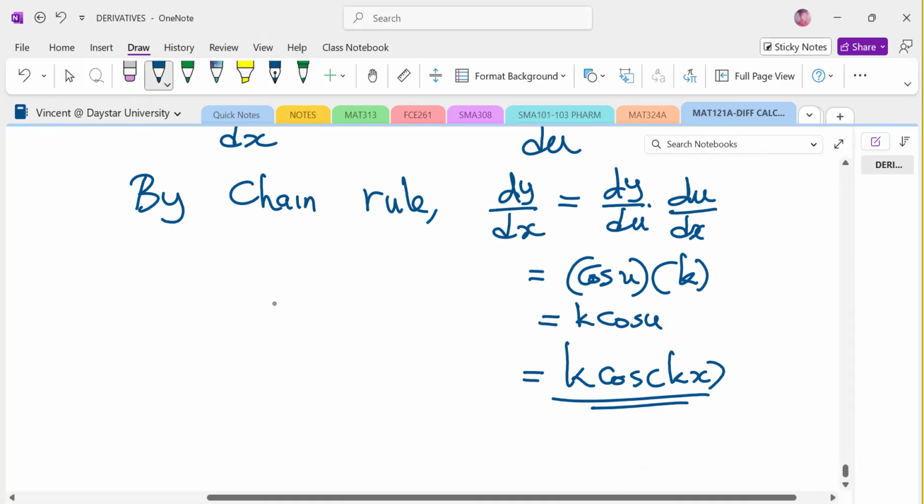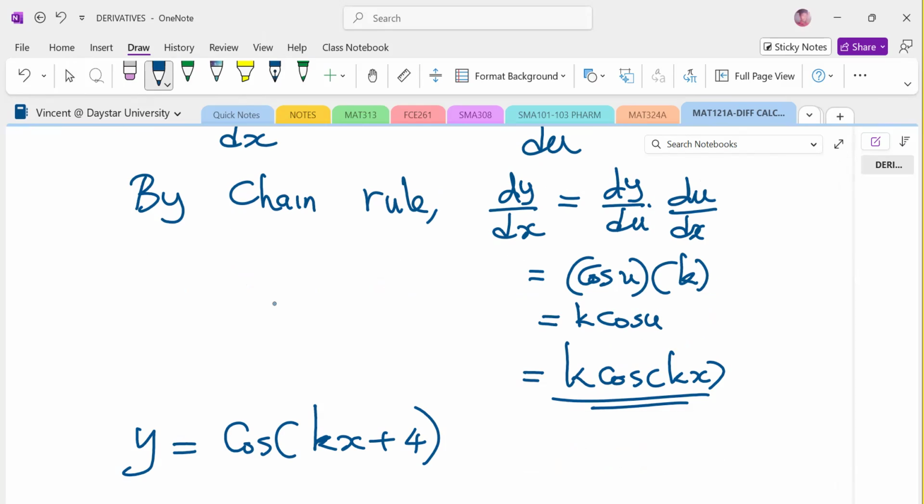So can you try dy dx for cos of kx plus 4? Find dy dx if y is cos kx plus 4.